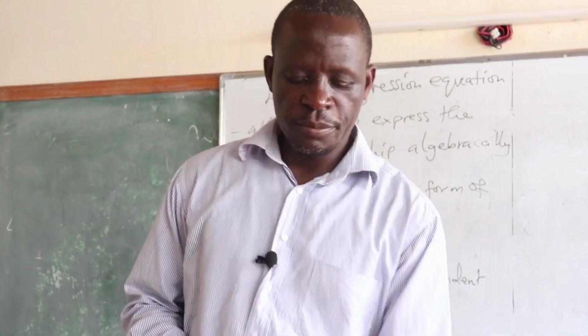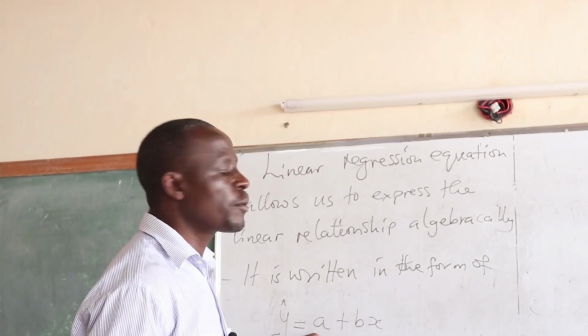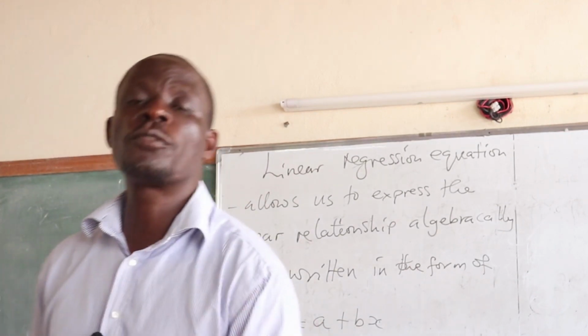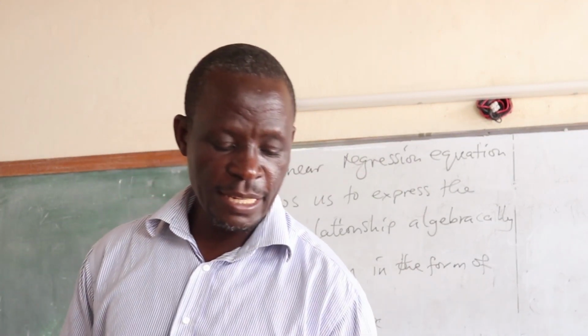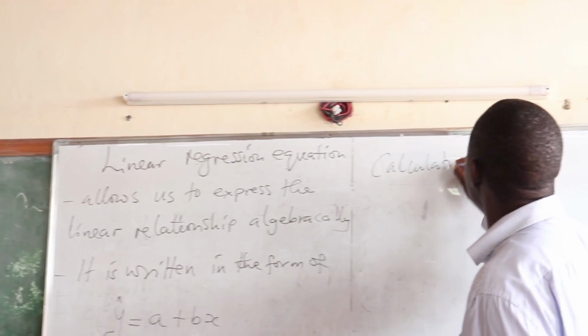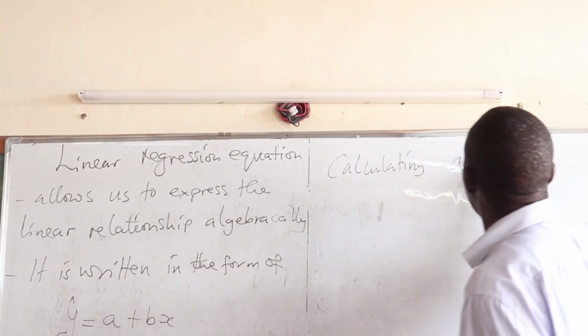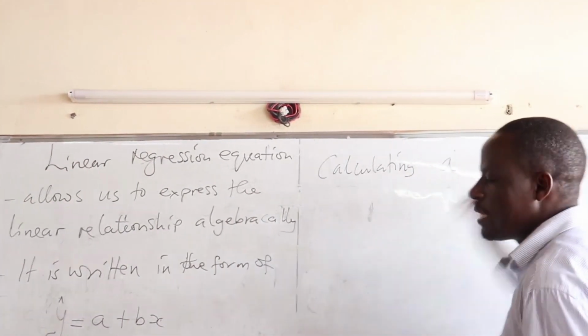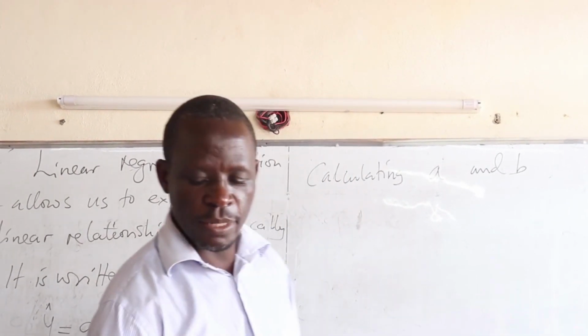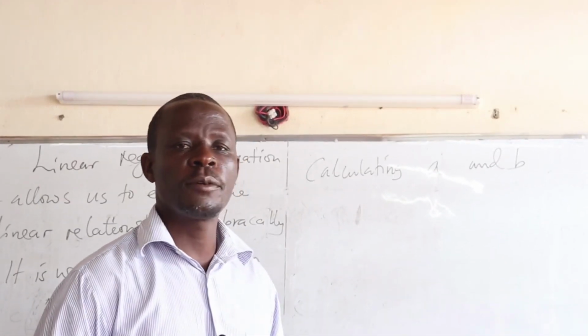So to use this equation, first of all, we must calculate the values of a and b. Now, how do we calculate the values of a and b?